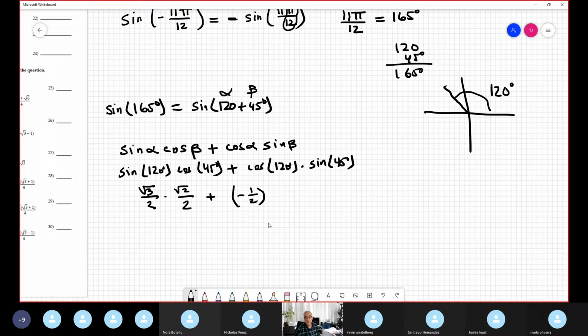I know that cosine in the second quadrant is negative. Remember the mnemonic device, all students take calculus. The only trigonometric function that is positive in the second quadrant is sine. Cosine is positive in the first quadrant and the fourth quadrant.